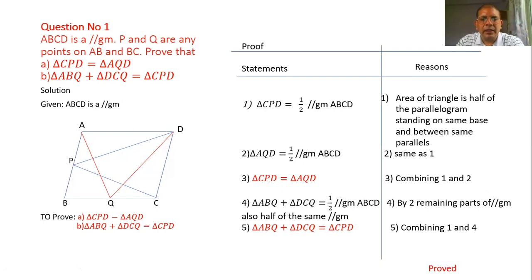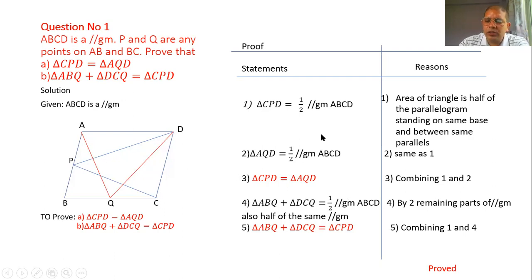You may think it is hard, but it is not hard. This question depends on the area of triangle and area of parallelogram standing on the same base and between the same parallels. So you should take the concept of that and you can use it in your questions. Try to take the concept and you can do similar questions.